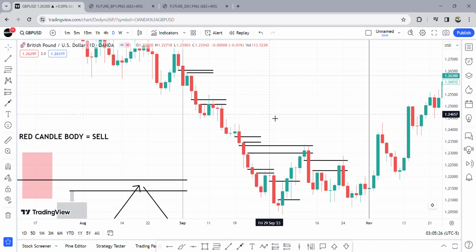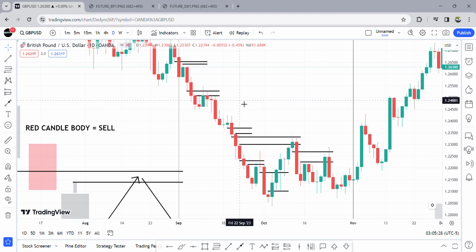So what you'll see now is that here, the middle of September, we're expecting the high to be made.